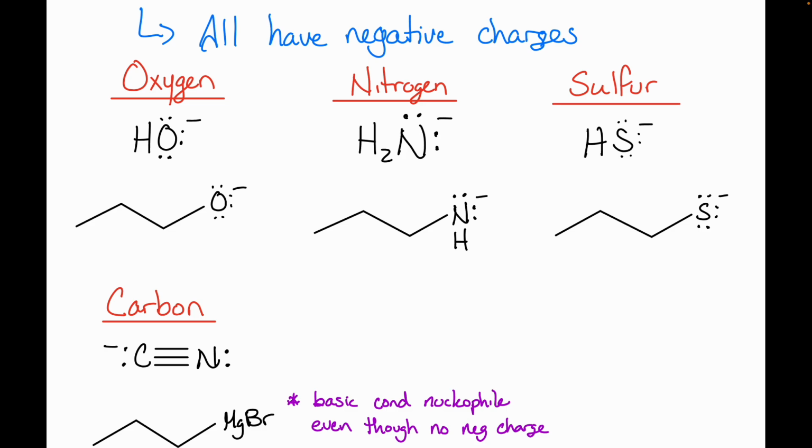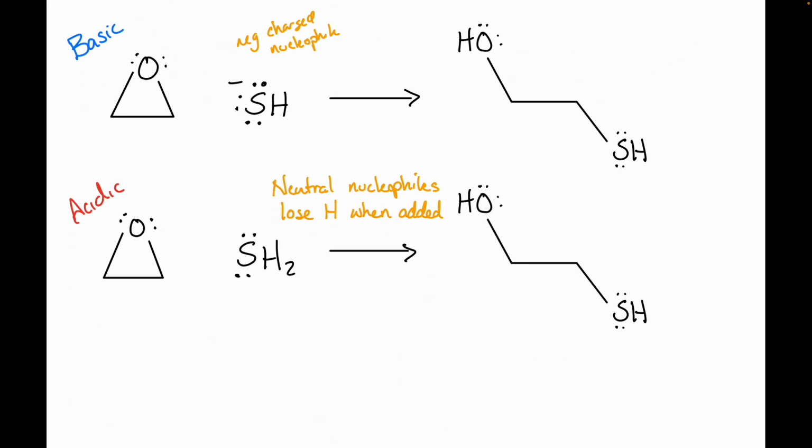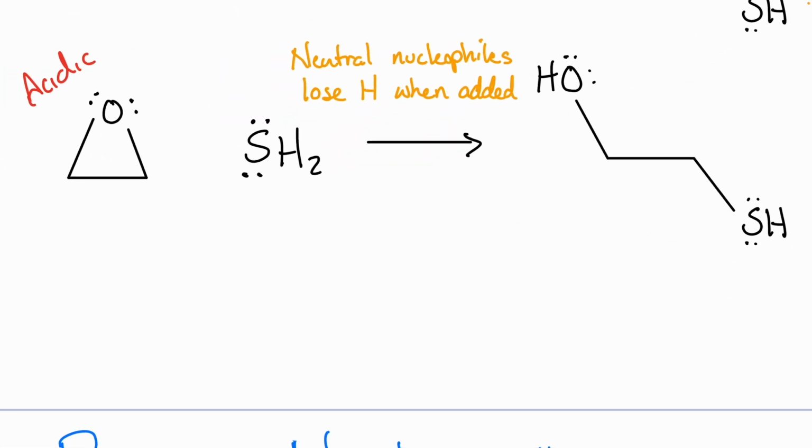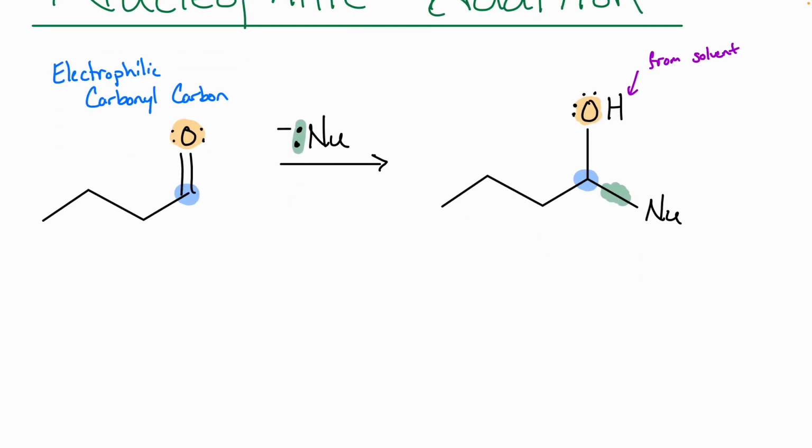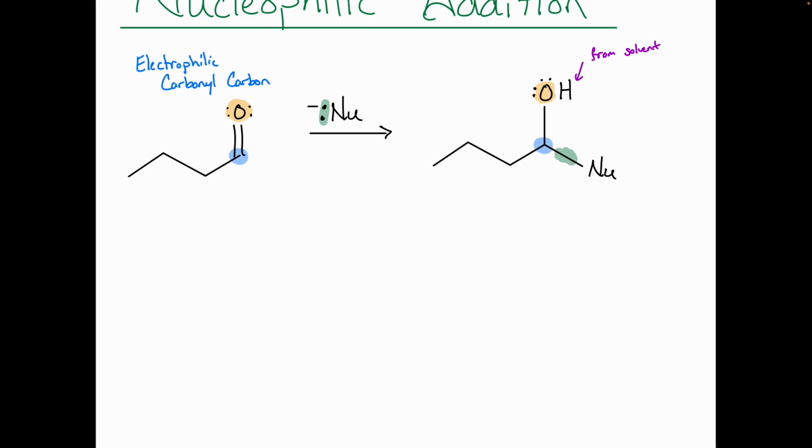The one thing we do have to remember about our neutral nucleophiles is what do we have to do when we add our neutral nucleophiles, just like we did with epoxides? They're going to lose a hydrogen, all right? So we got that same thing that we got to consider, but nothing too crazy, all right? So let's see if we can just sort of by analogy here and what we've discussed, take a few real examples.